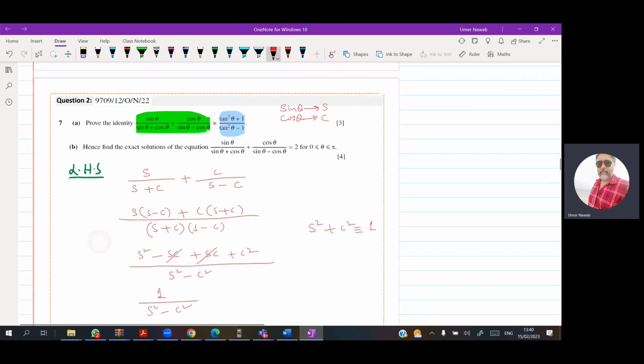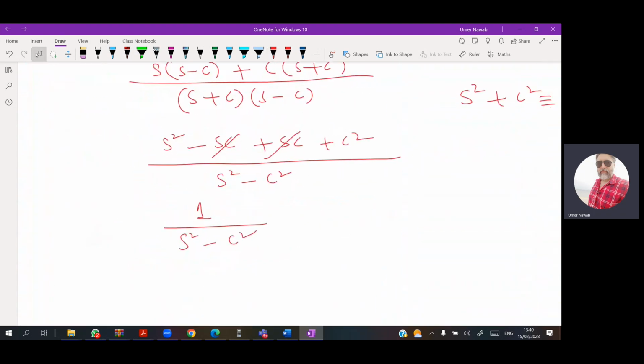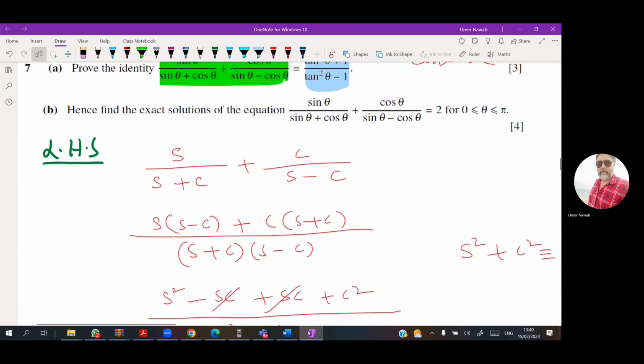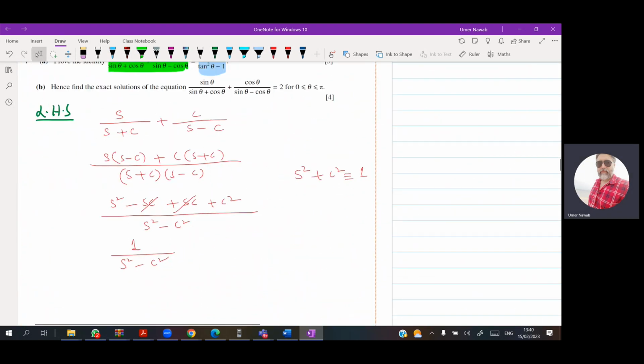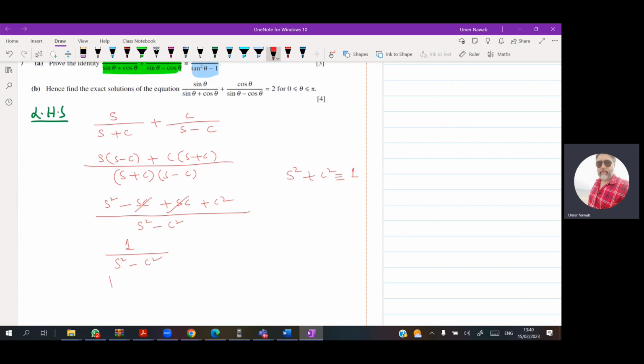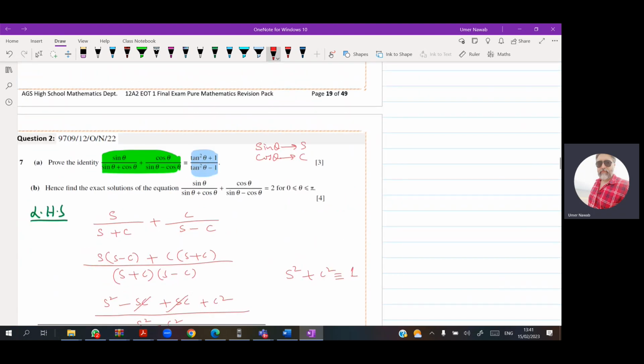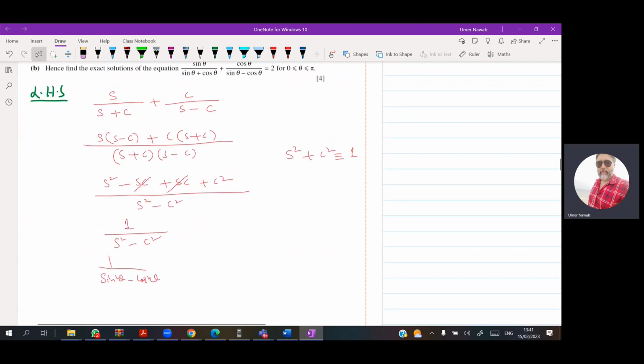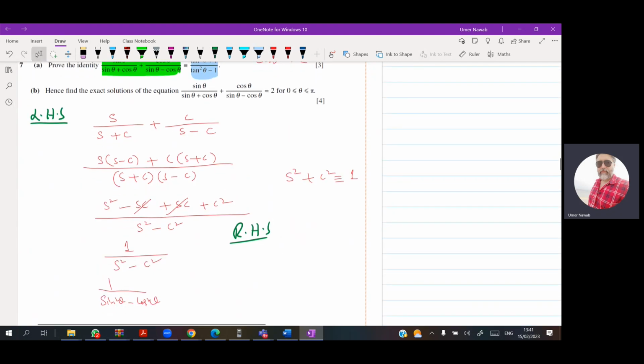Is my answer matching? No, my answer is not matching. So what to do in this particular case? No worries. You stop here by writing 1 over sine square theta minus cosine square theta, because I cannot proceed further. I need to write my right-hand side now. The right-hand side is tan square theta.